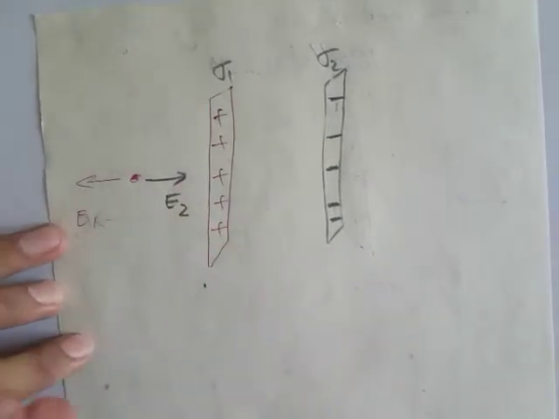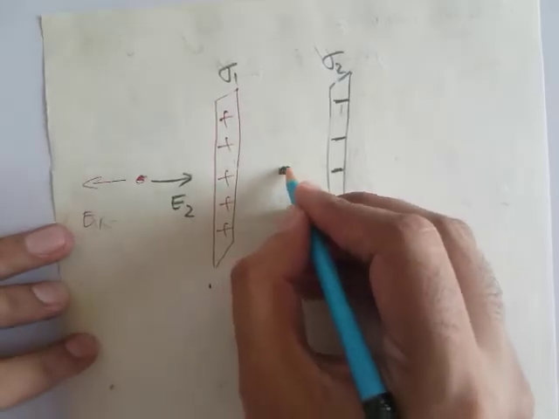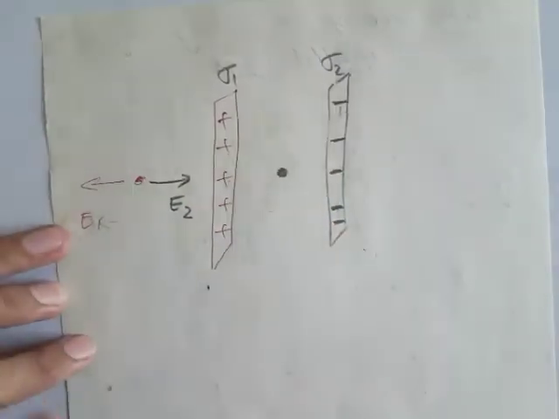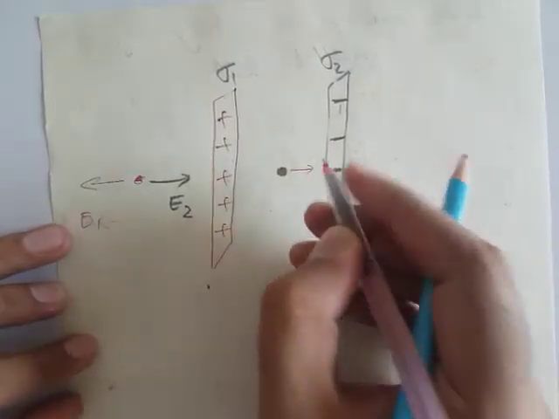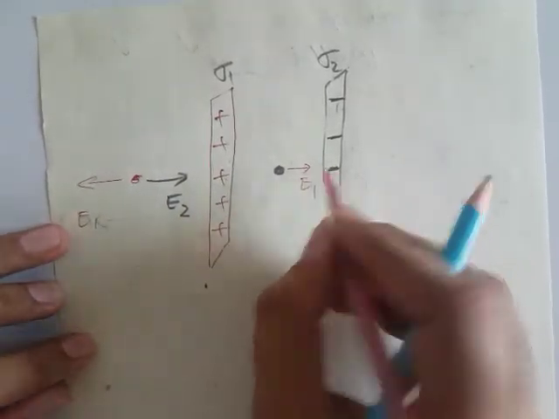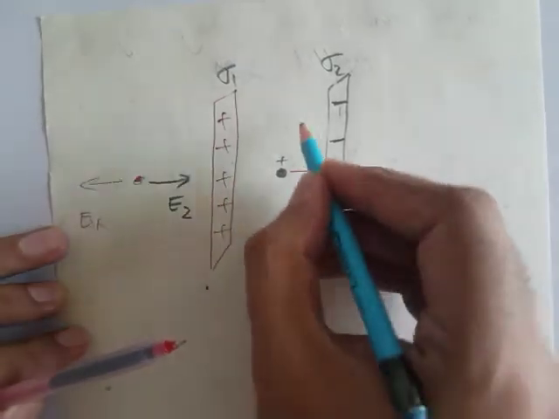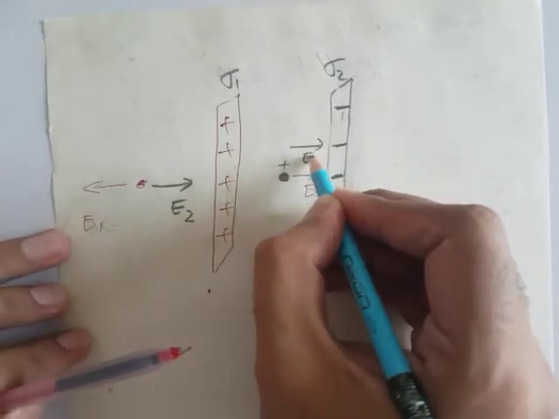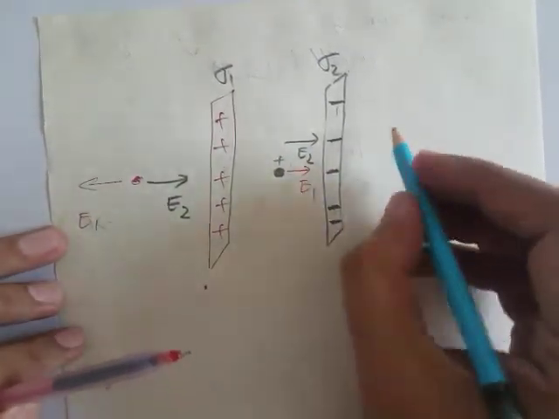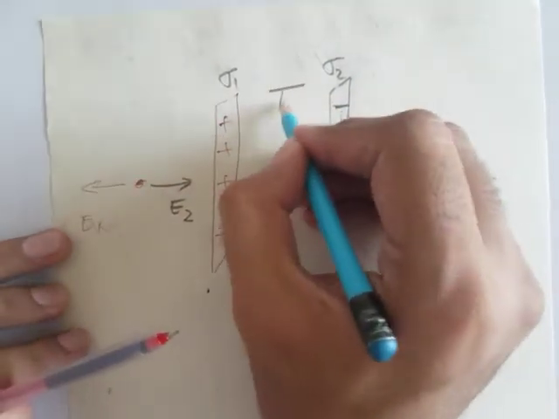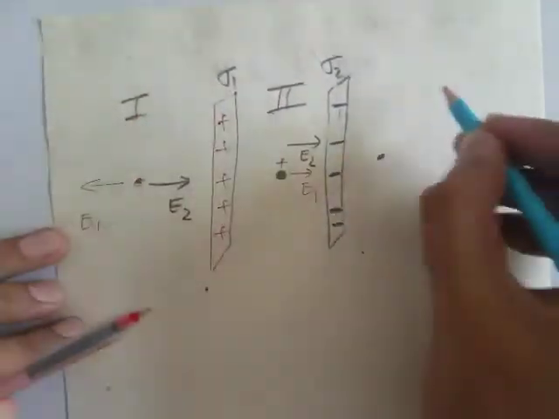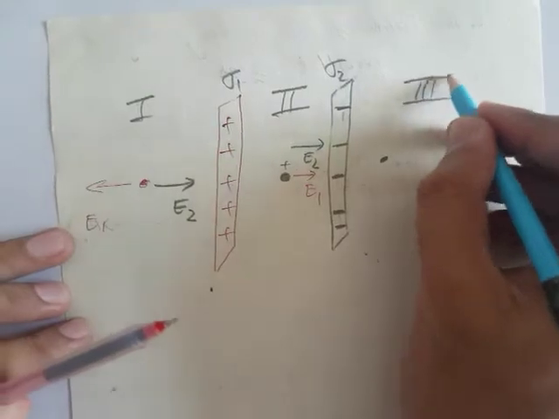They are opposite in direction. In the same way, if we place it in the center, the positive will repel, so it will be in this direction, that is E1, and negative will attract this positive, so it will also be in the same direction, that is E2. If we consider region 3, this is region 2, region 1 and region 3 are outside the plates.